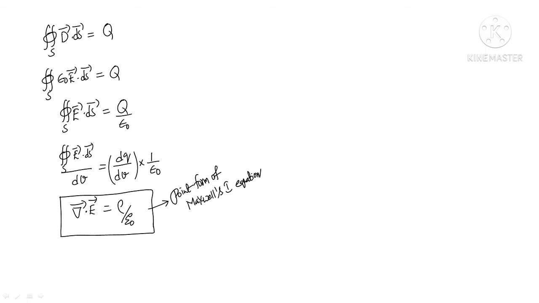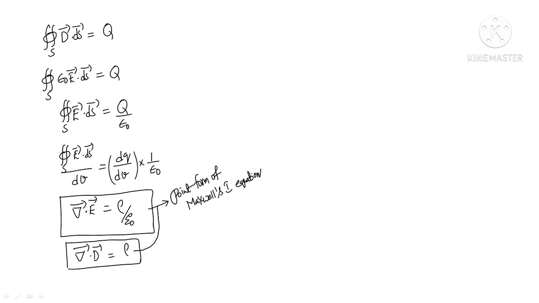Okay, so this is the point form of Maxwell's first equation, or else you can send epsilon naught here again, so that it is converted as del dot D bar is equal to rho, where rho is nothing but the volume charge density. Okay, in this way we can derive the point form of Maxwell's first equation.